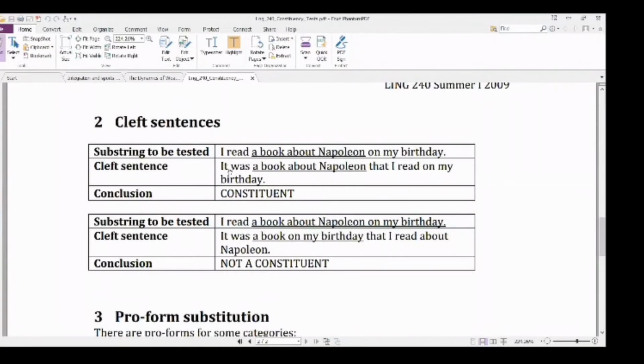How about when I change the substring? You can say that pecahan-pecahan ini namanya substring, ya. Because we do not know it is constituent or not, you cannot say it is constituent. Apakah konstituen itu sama dengan phrase? Of course, no.